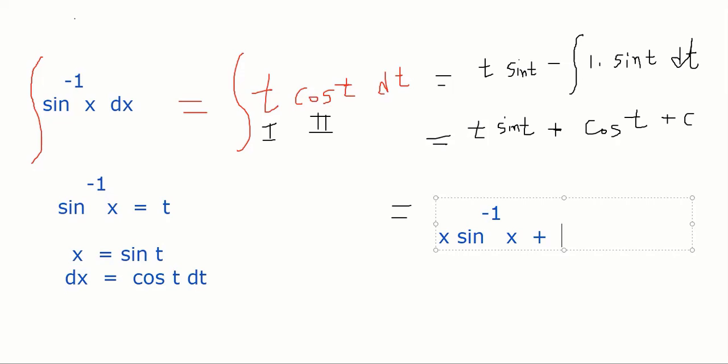So cos t will be under root 1 minus sin square t. That's it. Use trigonometry again.